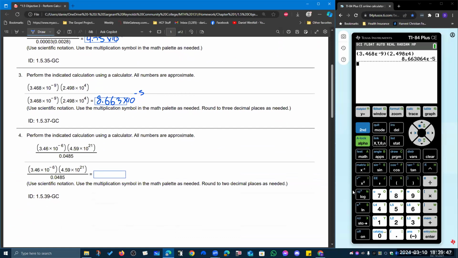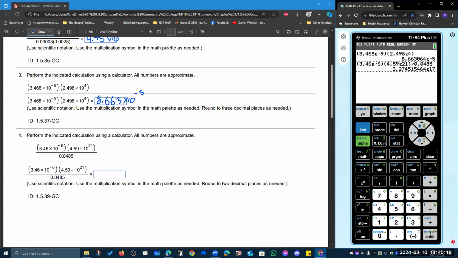All right. And then this is going to be 3.46 second EE -6 times 4.59 second EE 21 divided by 0.0485.